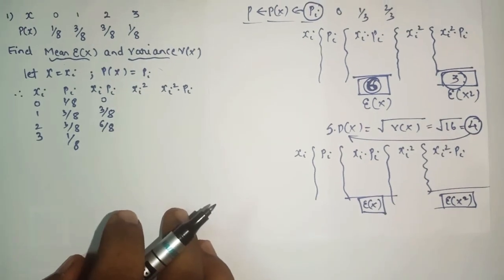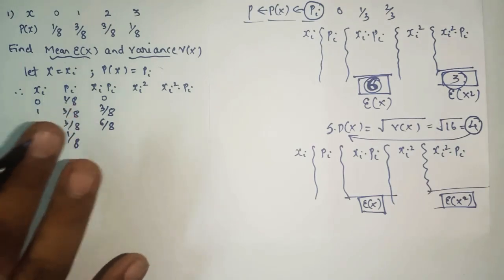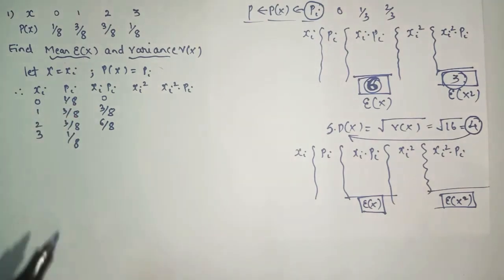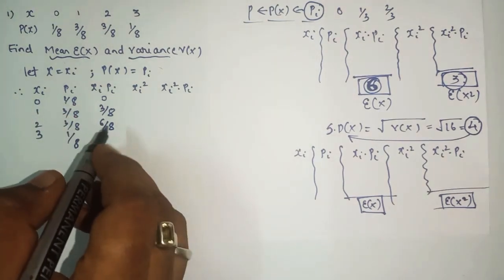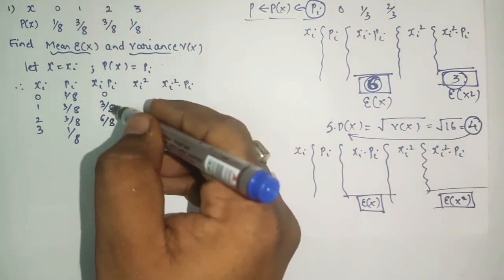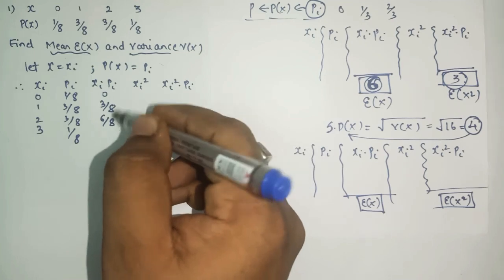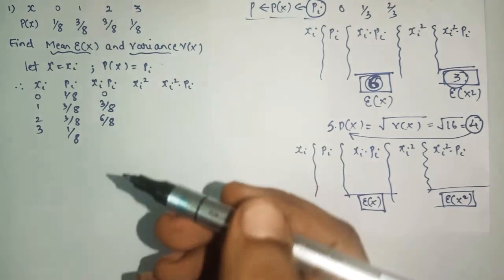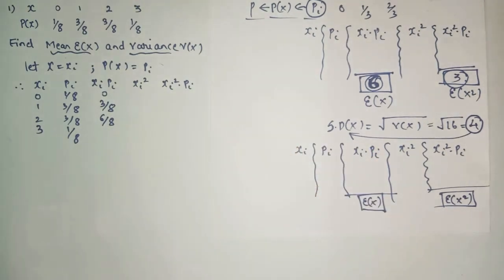But don't cancel this number, keep the number as it is. I will explain why. Don't cancel, as here we'll get the same denominator. As the denominator is the same, it will be easy for us to find the answer.